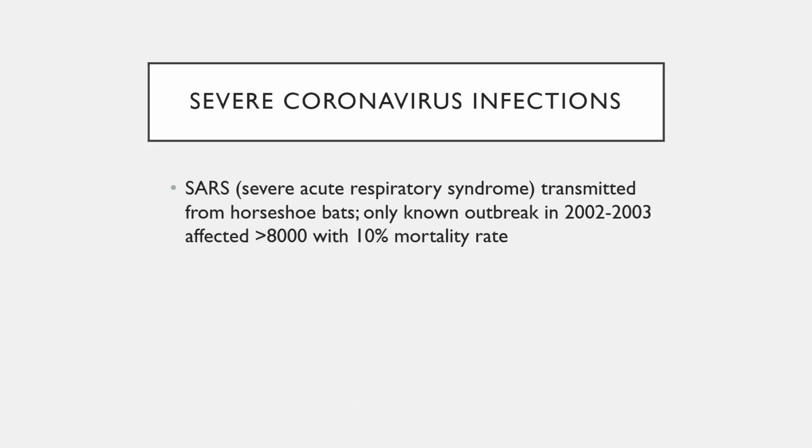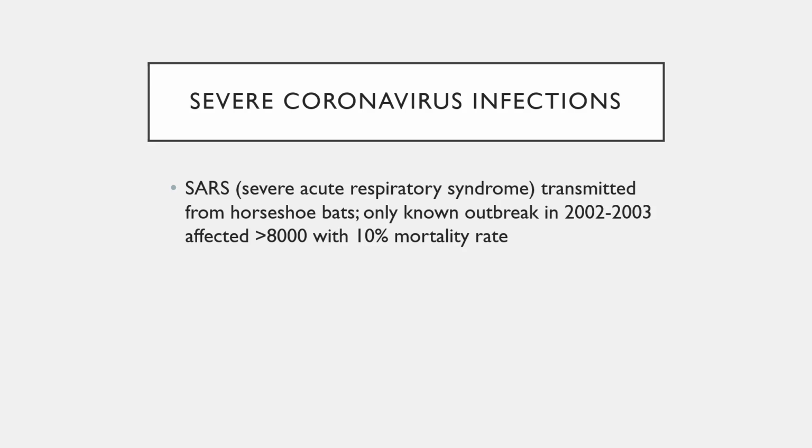SARS, or Severe Acute Respiratory Syndrome, is thought to have been transmitted from horseshoe bats to humans, so it's a zoonotic disease that made the jump from an animal host to a human host. The only known outbreak of SARS occurred in 2002 to 2003 in China, and at that time it infected over 8,000 people and exhibited a 10% mortality rate.